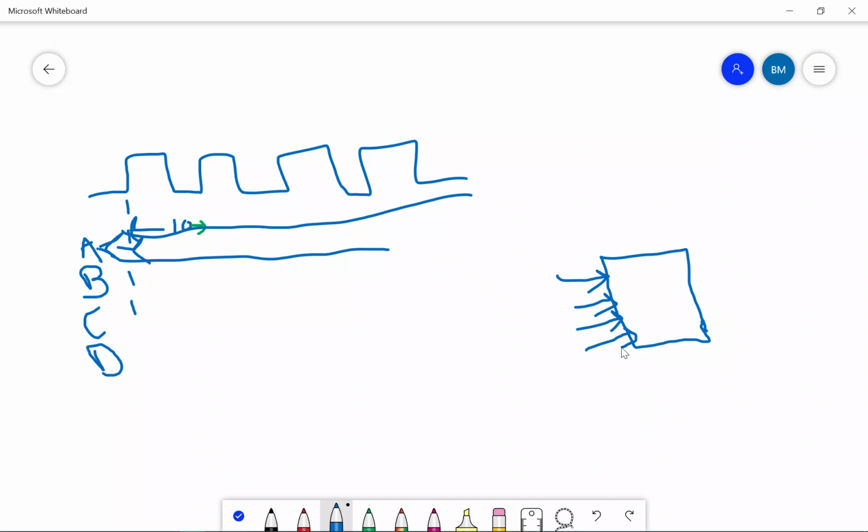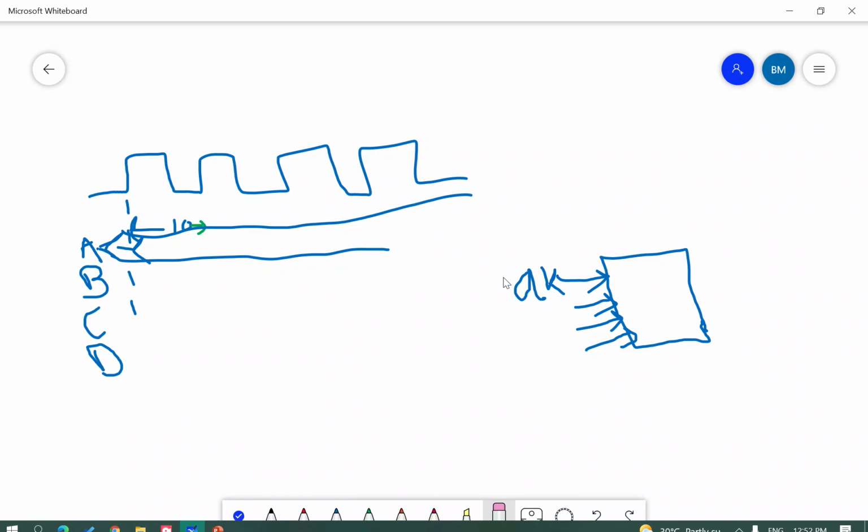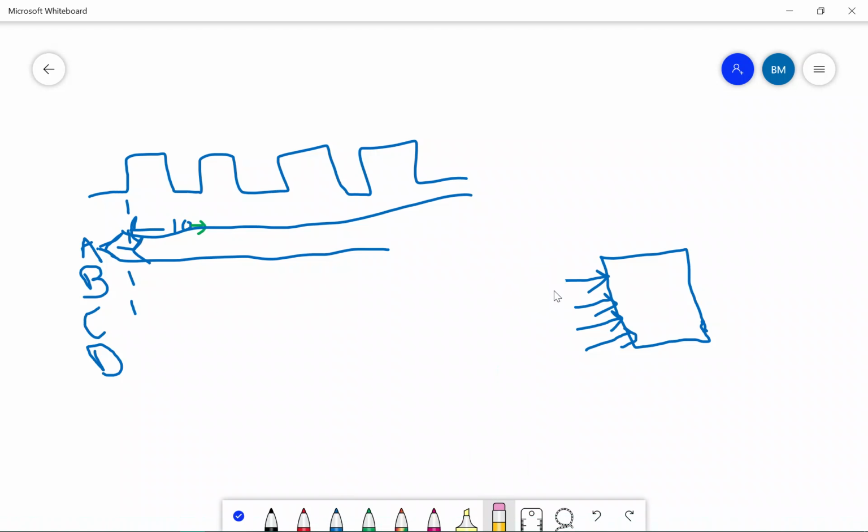In my code I haven't considered A, B, C, D as inputs, so they are internal variables. The clock is here. Let's assume this is a clock here.